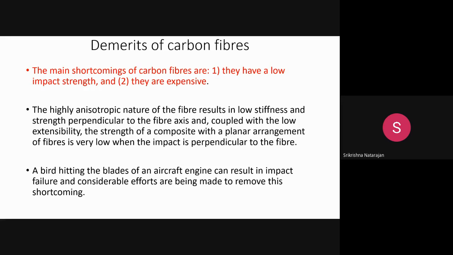So if any kind of material is coming and hitting that carbon fiber material, it will lead to damage. Okay, and another problem is they are expensive. Okay, so the reason for the impact strength I have told you, because in the perpendicular direction and the in-plane direction, the properties are different, and it has a low extensibility also.